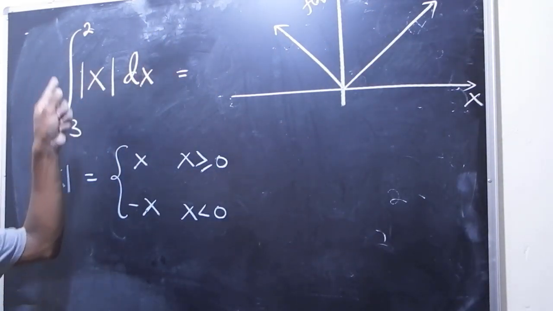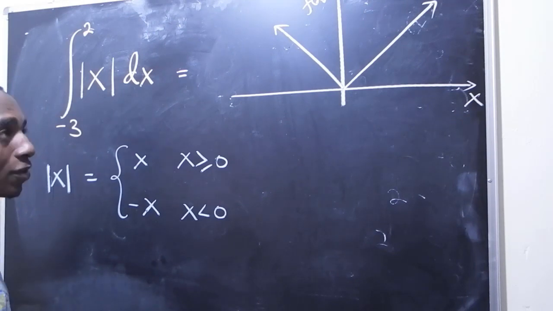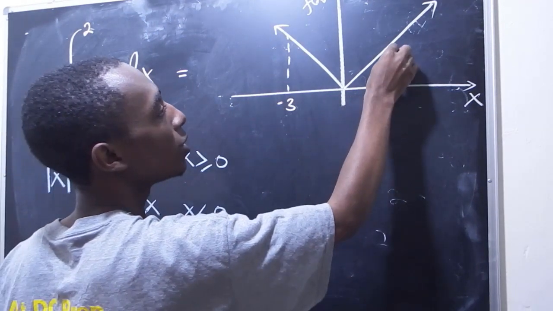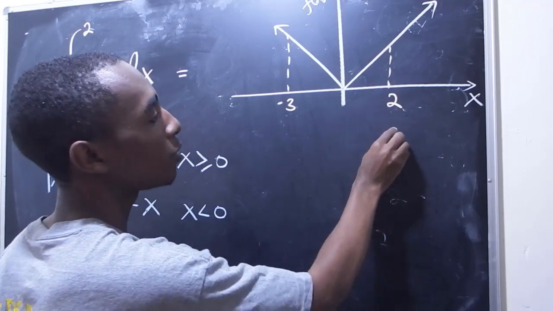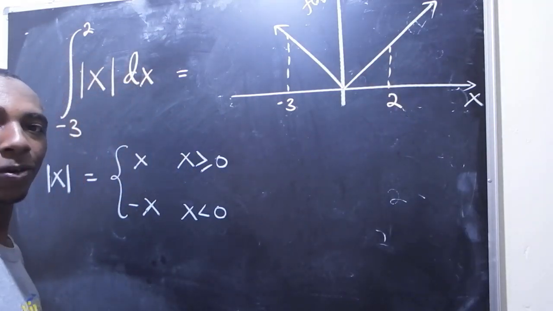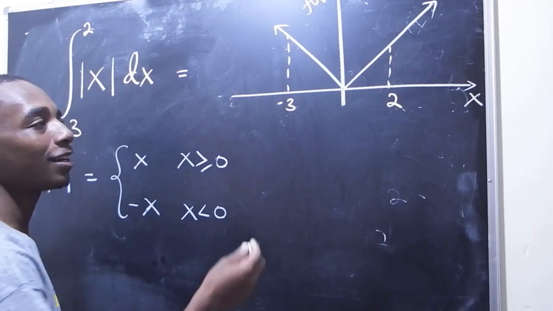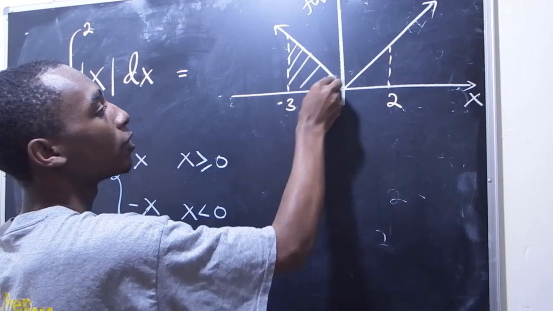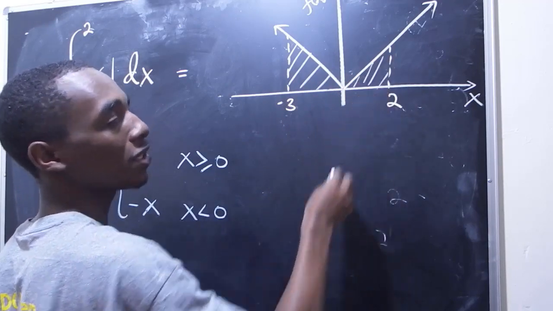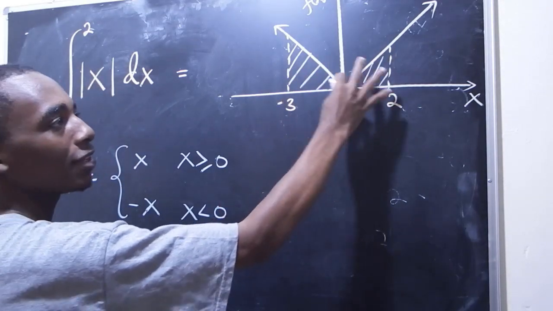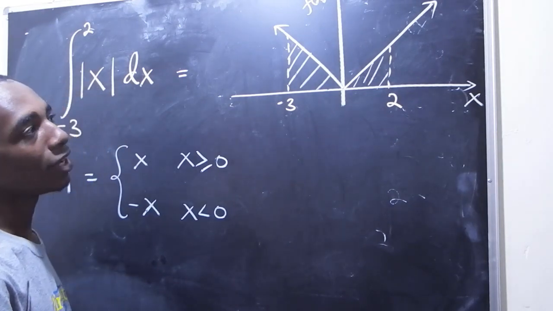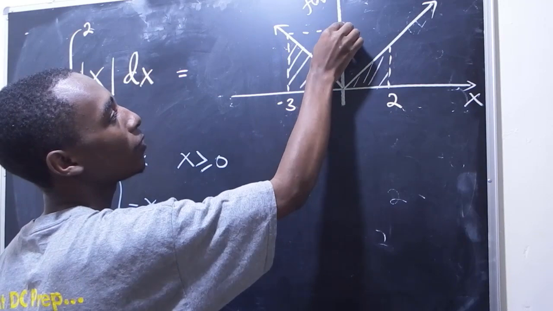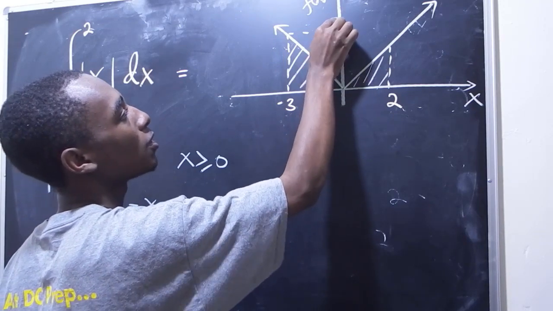And we want to integrate from -3 to +2. So let me just assume that maybe this is -3 and this is +2, okay? And we know that integration means finding the area under a curve. So let me just shade off this area here. So we're trying to basically find the area under this and the area under that. And if I have x as -3, then obviously this is going to be +3.